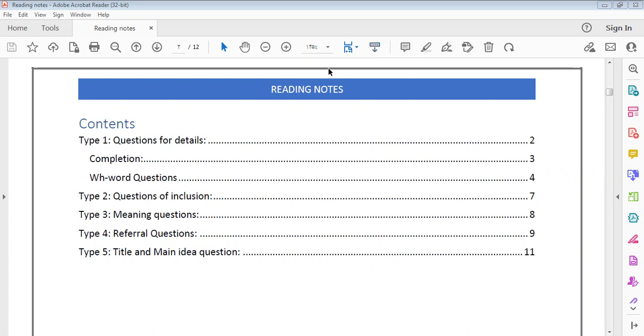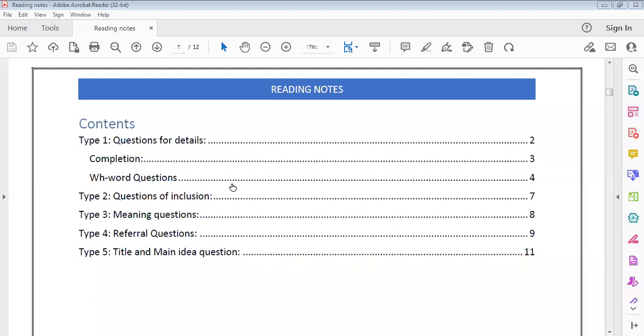Type 2 we have questions of inclusion. We always find the word NOT in them, and it is always in capital letters. Type 3 we have meaning questions.